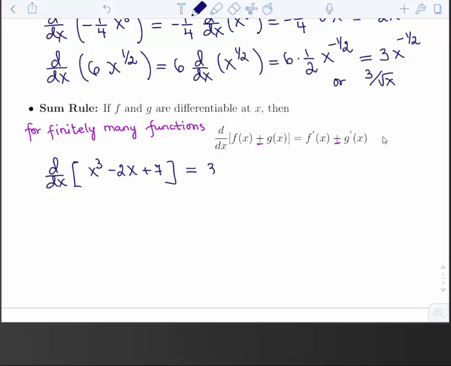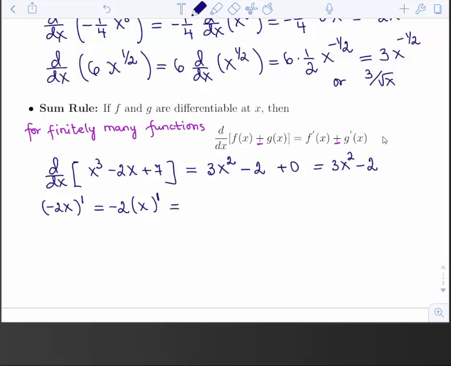So this is 3x squared minus 2 plus 0, or just 3x squared minus 2. Let me go ahead and do this minus 2x separately. So negative 2x prime. Remember, another way of denoting the derivative is just to say prime. It's negative 2 times x prime.